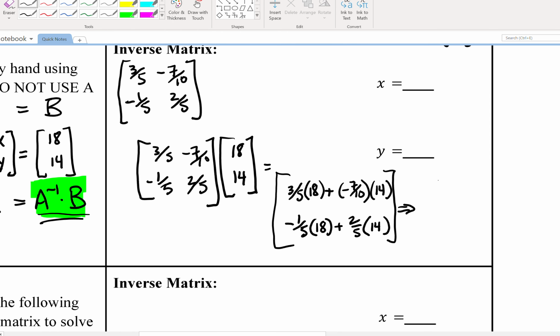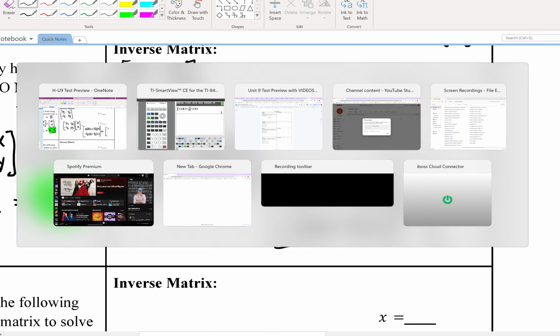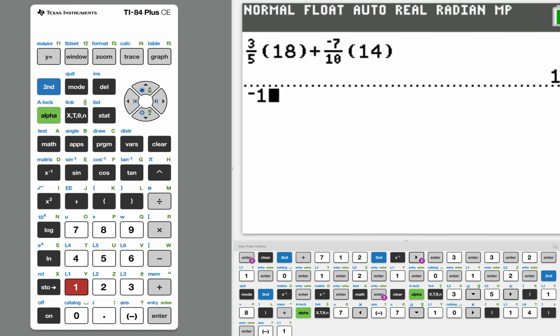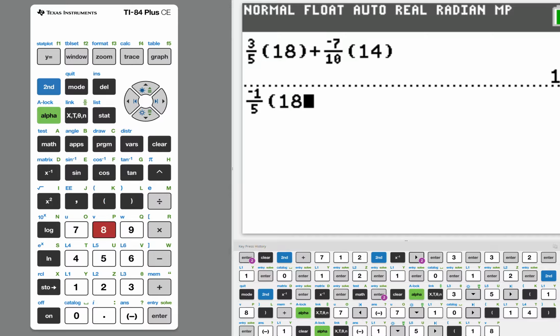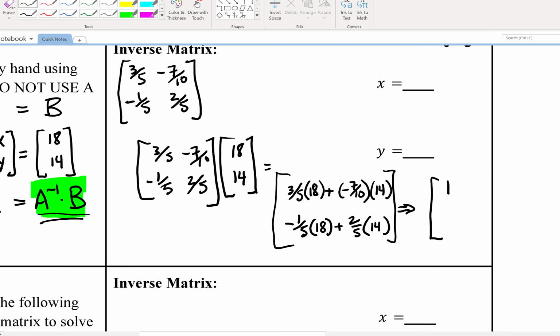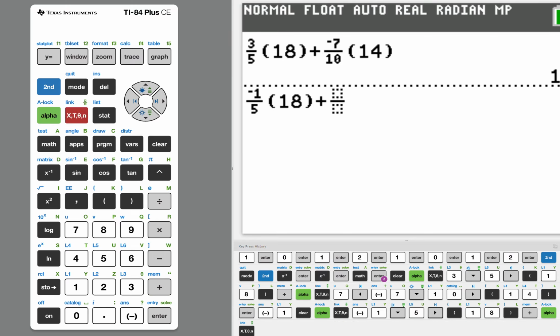So over here, this is 1. And then I'm going to do it again on the bottom, negative 1/5 times 18 plus 2/5 times 14.